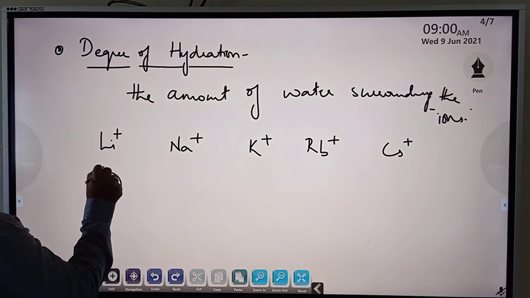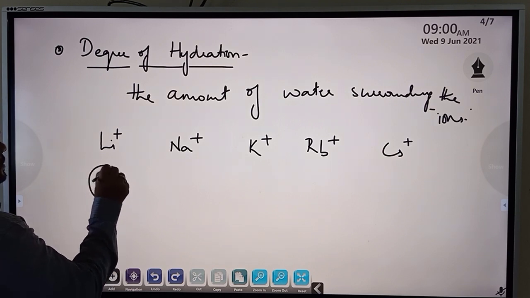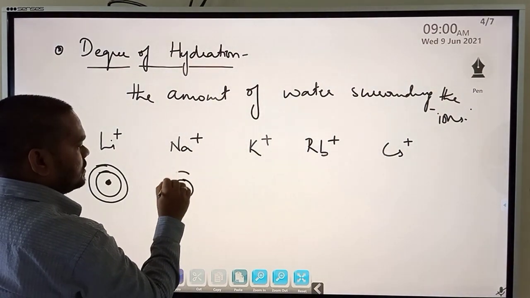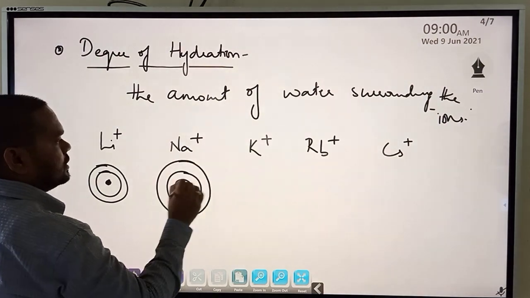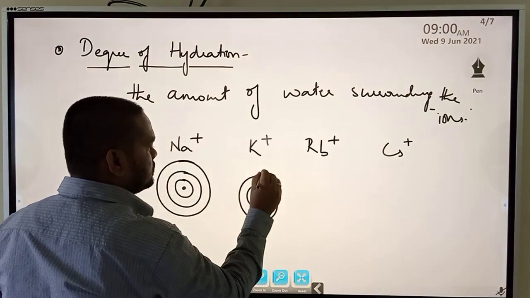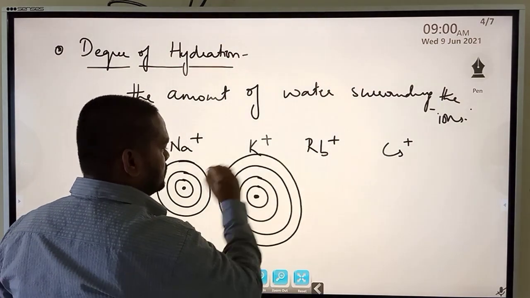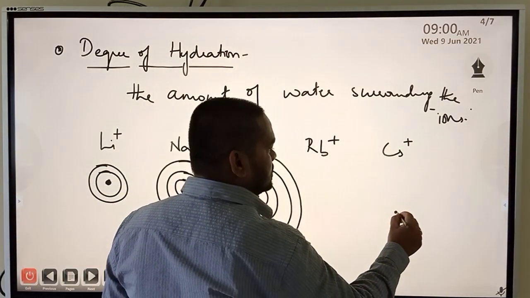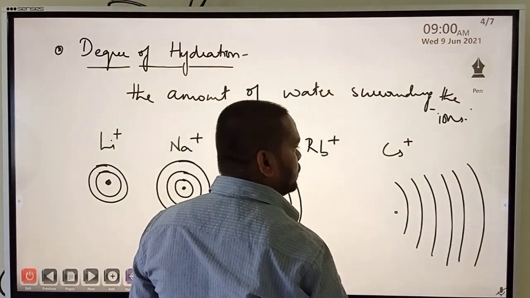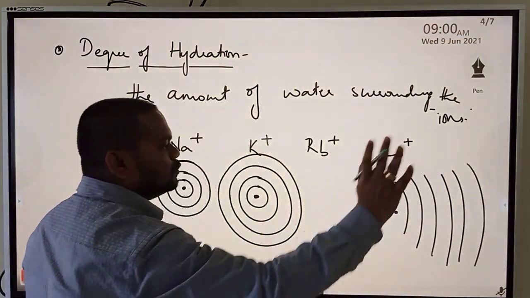Let me put the second shell also, no problem. This was the second shell. Sodium is relatively bigger in size, with first shell, second shell and third shell. Potassium is still bigger in size. If we talk about cesium, 1, 2, 3, 4, 5, 6. So here is my valence electron which has been removed.